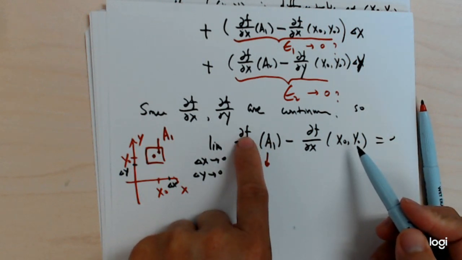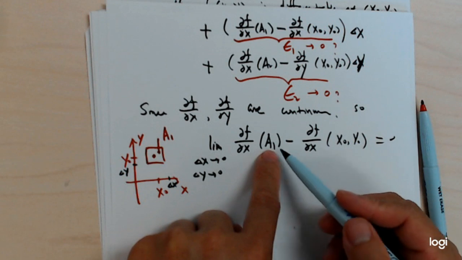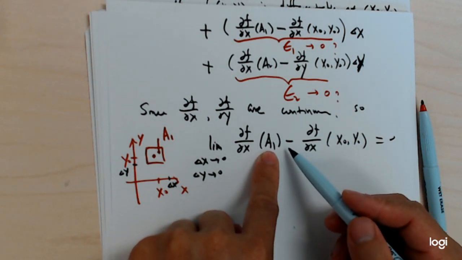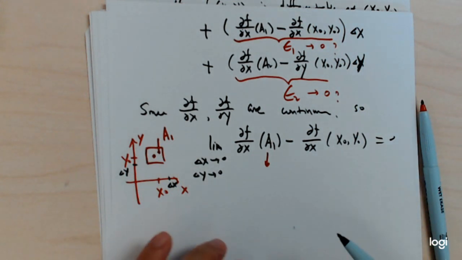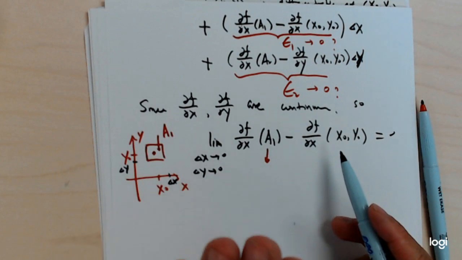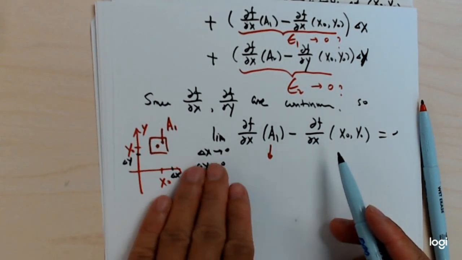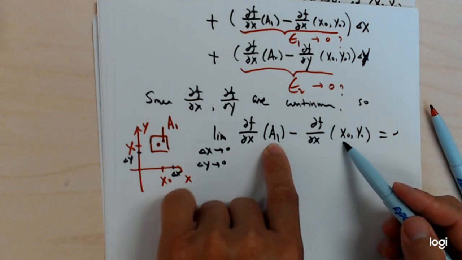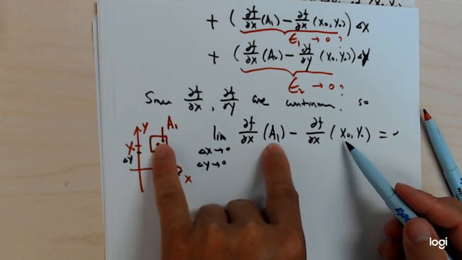And the fact that the partial derivative is continuous implies that those two limits have to be equal. This is equal to this. This probably takes some detailed explanation, but that's what it means. When delta x, delta y go to 0, A1, this point, approaches x naught, y naught. It's being squeezed towards x naught, y naught.